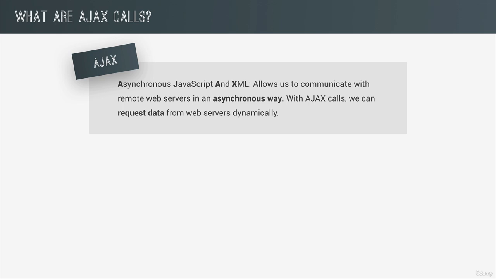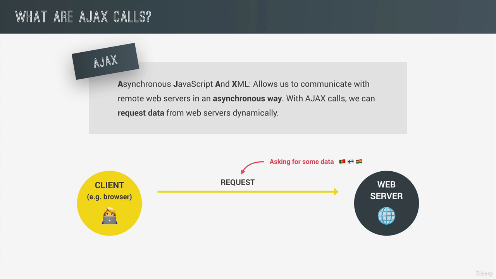For now, let's quickly understand how AJAX works. So let's say that we have our JavaScript application running in the browser, which is also called the client, and we want the application to get some data from a web server. And let's say the data about countries that I was talking about earlier. So with AJAX, we can do an HTTP request to the server which has this data.